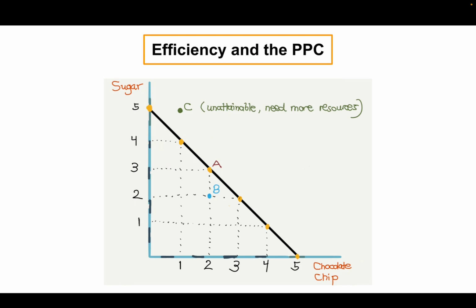Because at point C, we're producing 5 batches of sugar cookies and 1 batch of chocolate chip cookies, and that adds up to 6 total batches of cookies, which is one more than the maximum we can produce. So the only way we can get to point C would be to get more resources and actually move the production possibilities curve either up or to the right, however you want to look at it. And we'll talk about that towards the end of this lecture when we get to resource change.